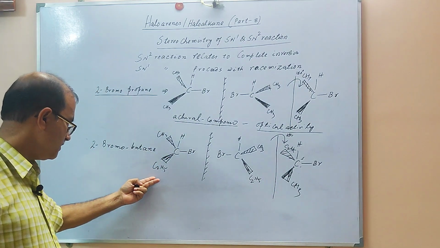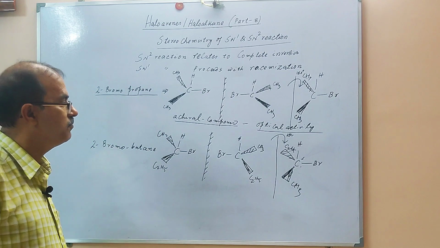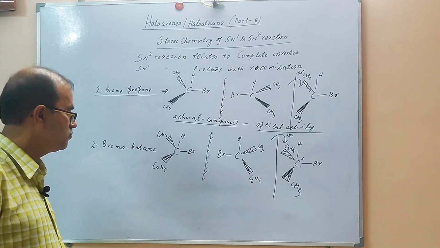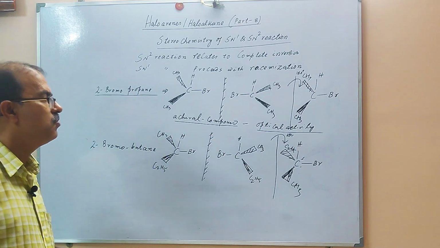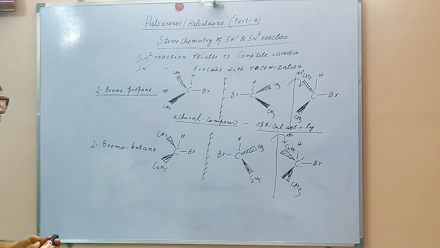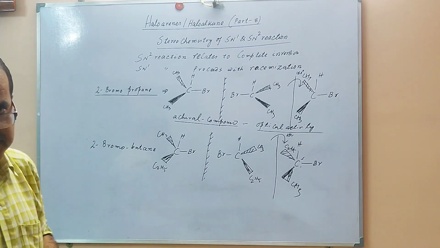But here you can see C2H5 above the plane of the paper and CH3 below the plane, and that is totally different. So these two structures will not be superimposable. So this compound is going to show optical activity.